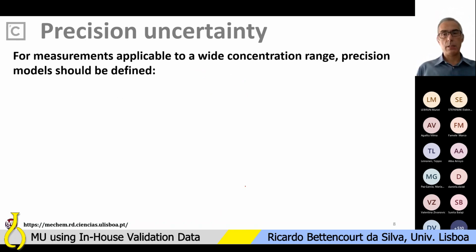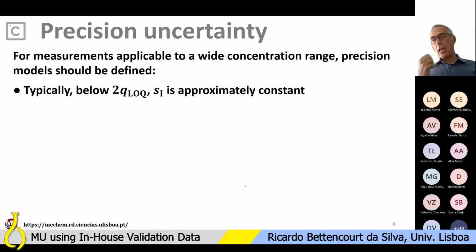But when we assess the uncertainty from measurement precision, one of the most difficult things is to handle how precision varies with the concentration. And this is important, of course, if our analytical method is applicable to a wide concentration range. And for this reason, in those cases, we should try to define models of the precision variation with the concentration.